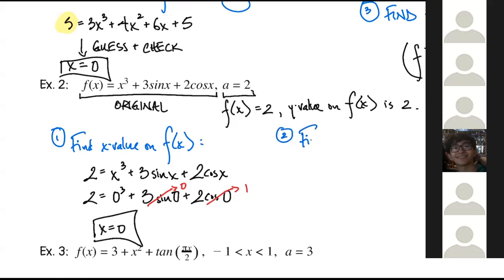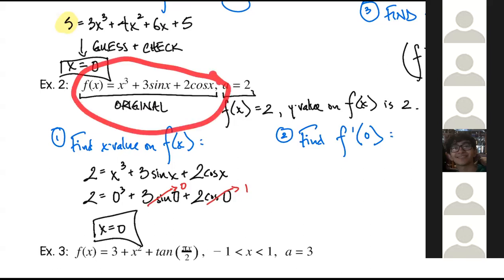Now we are going to find f prime of 0. When I say f prime of 0, does that mean I plug in 0 into my original equation and then take my derivative? No, right? That means I have to take the derivative first and then plug in my number.